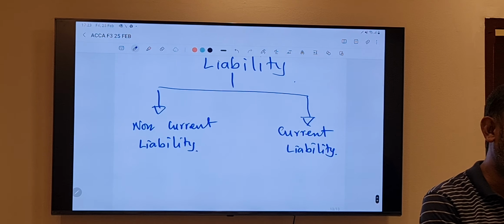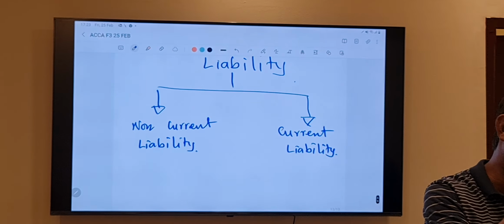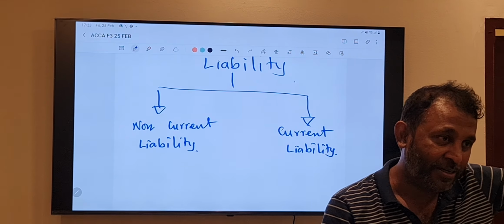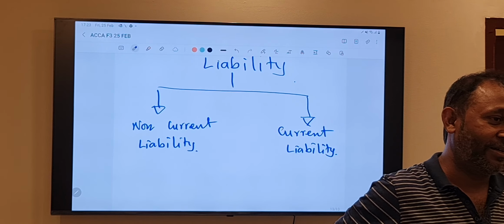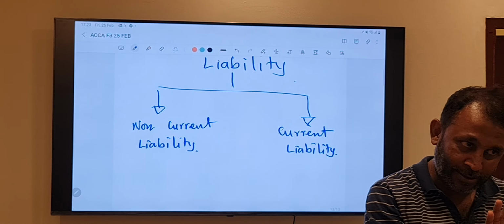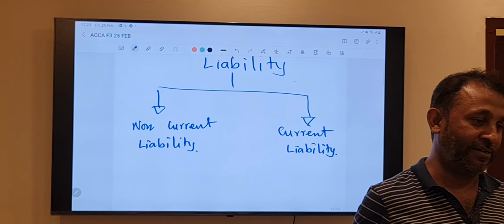So now how to define the non-current liability? If you have understood non-current asset, now you should be able to tell me what is non-current liability. Mr. Asif, can you tell me? You understood what is liability, right? Yes. Okay, now tell me what is non-current liability.